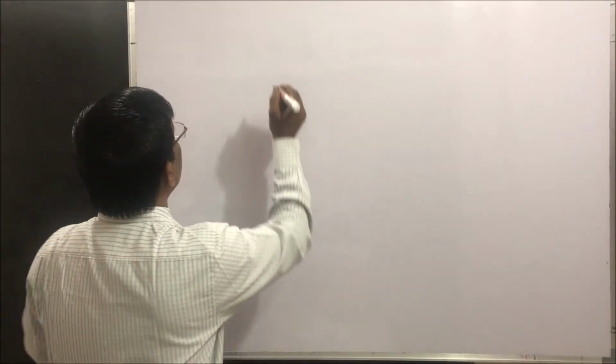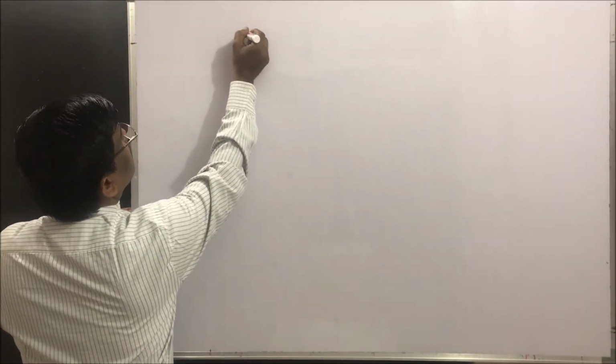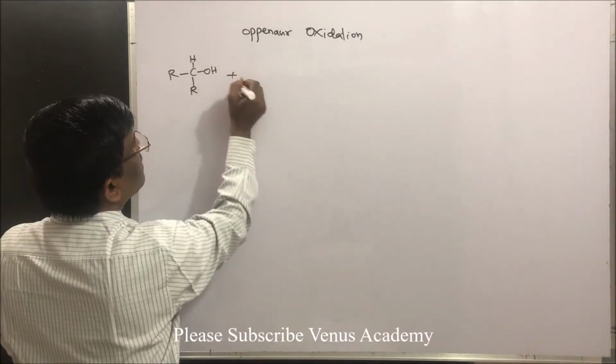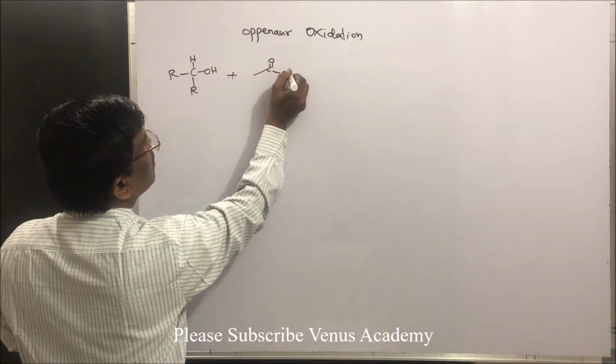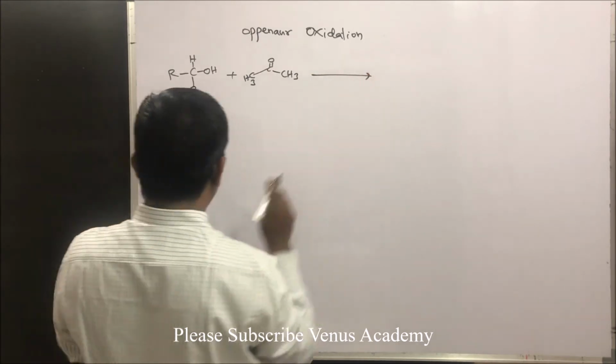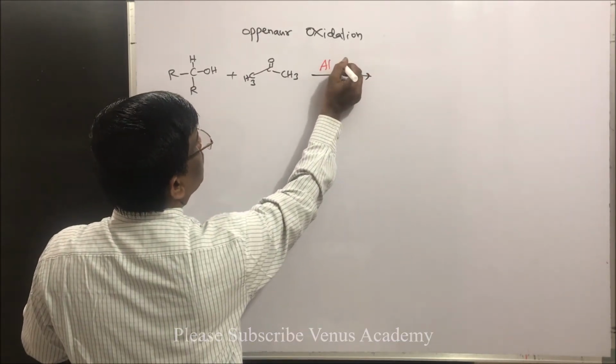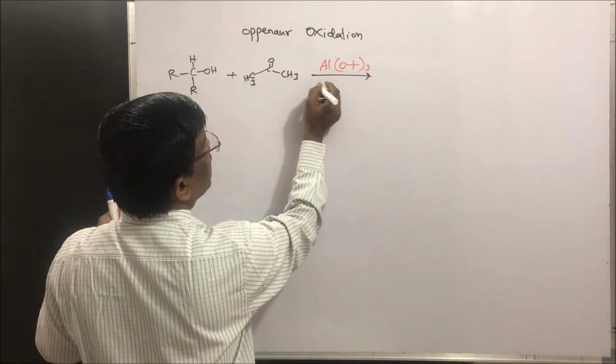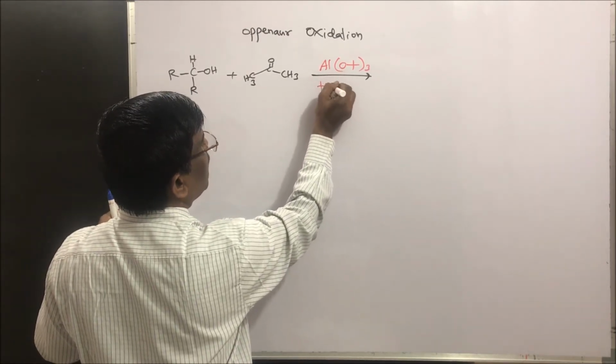Yes, students, let us see Oppenauer oxidation. If I take alcohol plus acetone in presence of aluminium tertiary butoxide, usually a solvent can be used. Let us take toluene.